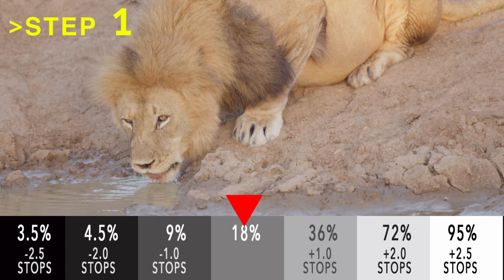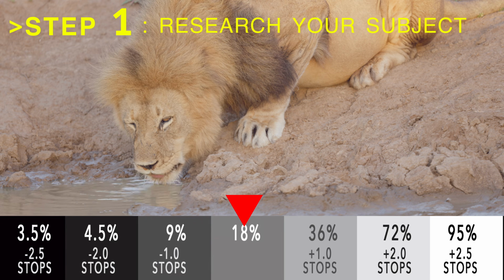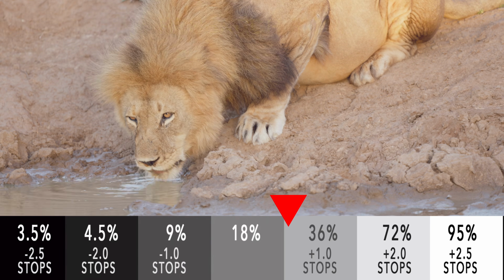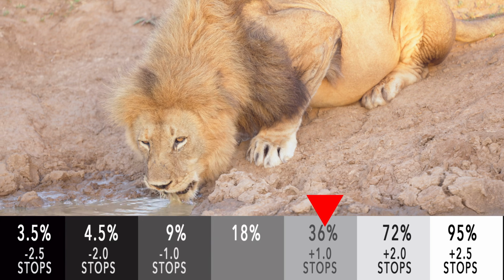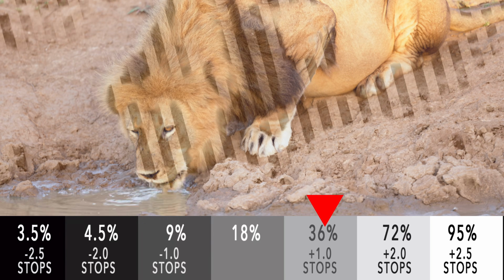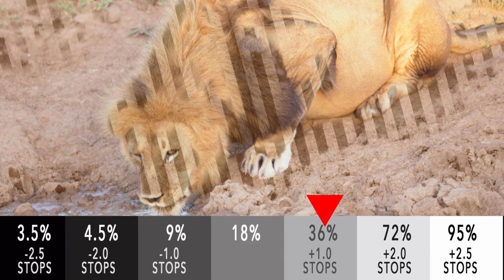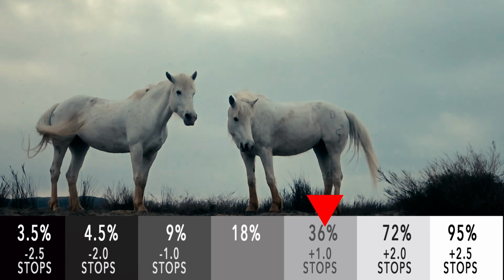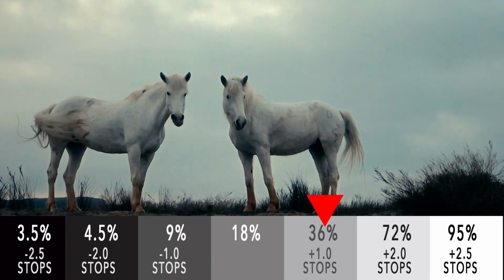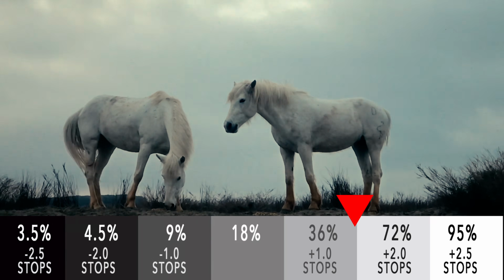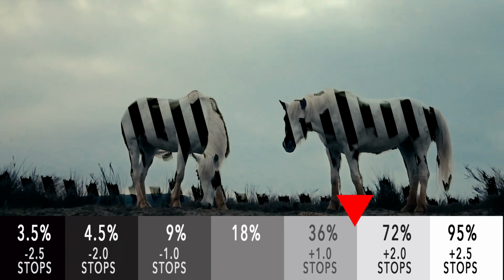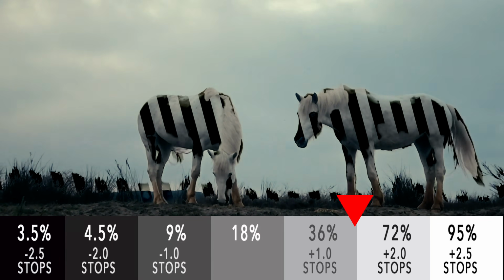Step 1. Research your subject and find out where they sit on the grayscale. Once you know their tone, you set your zebra alarm to notify you the second it hits the specific mark. For instance, a white horse on a grayscale is sitting at plus 1.5 stops, so it will sit at about 80 or 85 for the zebras.